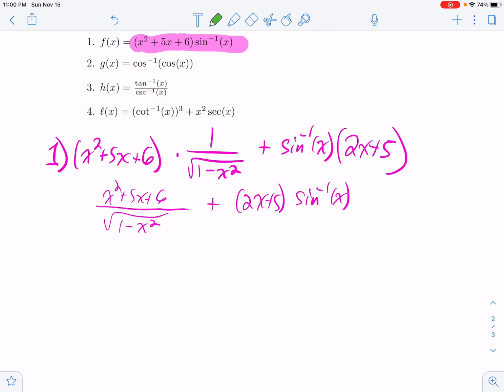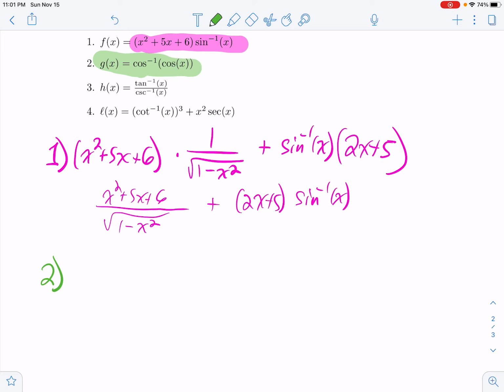2, if you notice, that's a function inside of another function, right? We are plugging cosine into arc cosine. So let's calculate that. Plugging a function into another function, we need a chain rule. So we do the derivative of the outside, but we leave the inside alone.